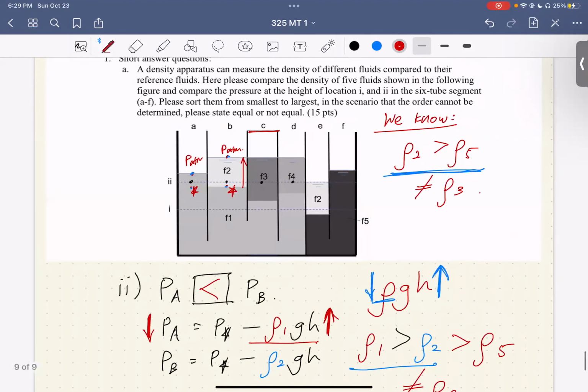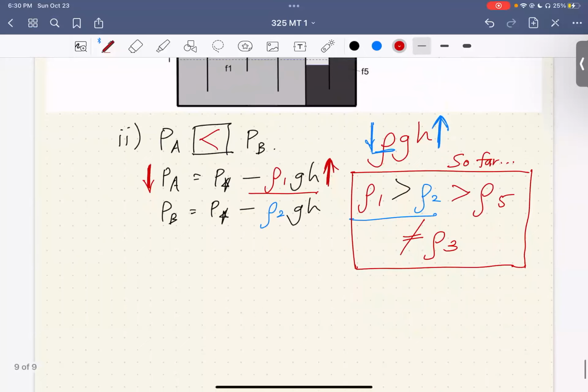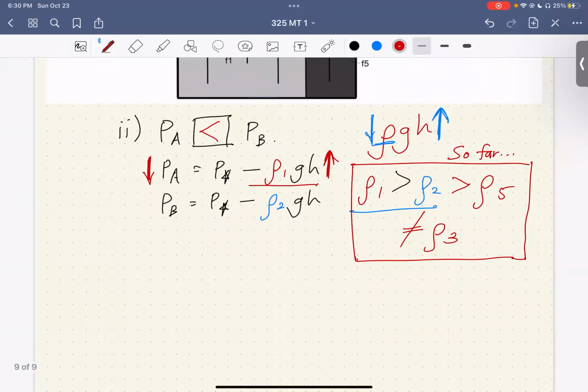Remember, the question asks us to compare not only the pressures, but also the densities. So we're working on this at the same time. So far, it looks like we're only missing rho 4. Let's keep going.